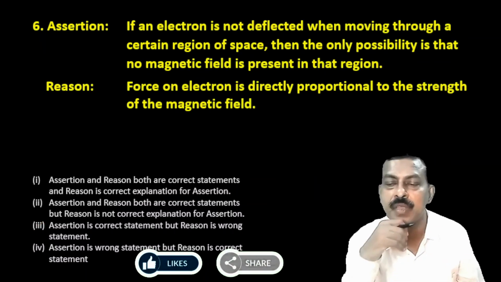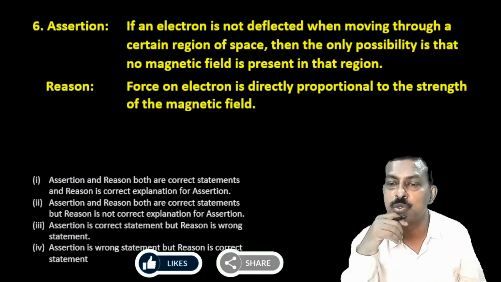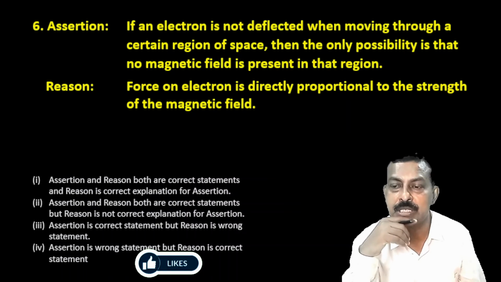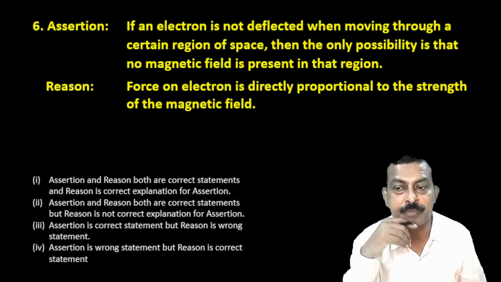Next, if an electron is not deflected when moving through a certain region of space, then the only possibility is that no magnetic field is present in that region.